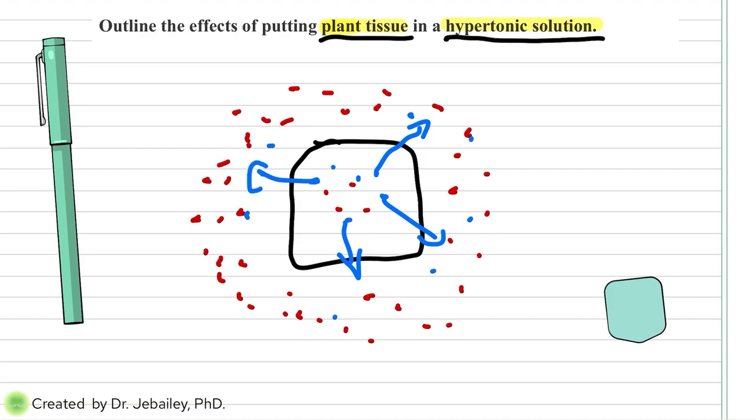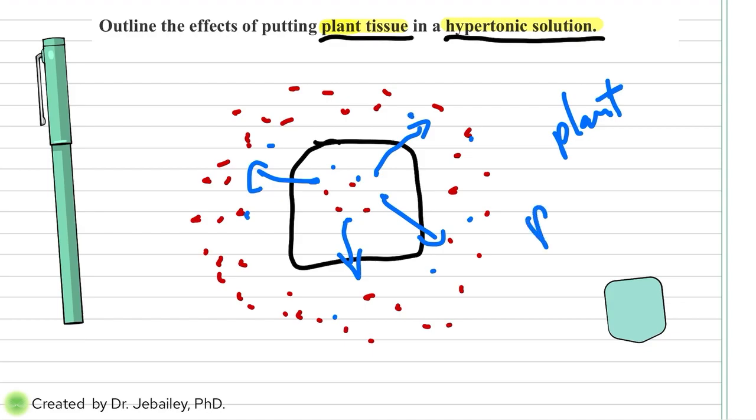And what's going to happen to the plant? The plant will start to get smaller, but we don't use the words get smaller. If you use the word smaller or shrink, you don't get points in IB. The right word you have to use in any kind of situation like this is that the cell will be plasmolyzed.